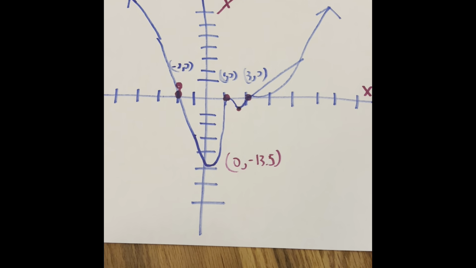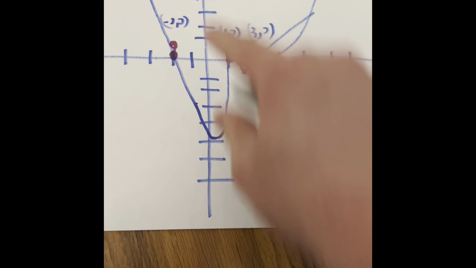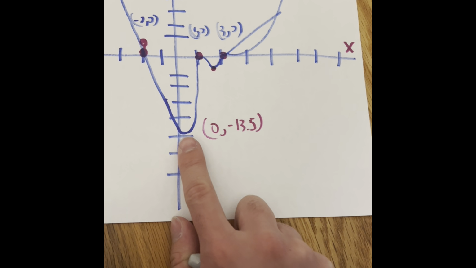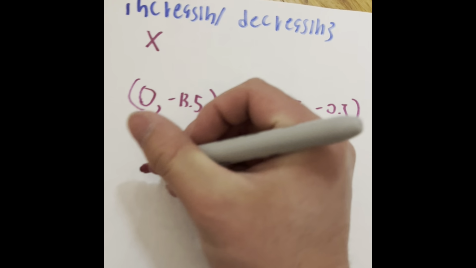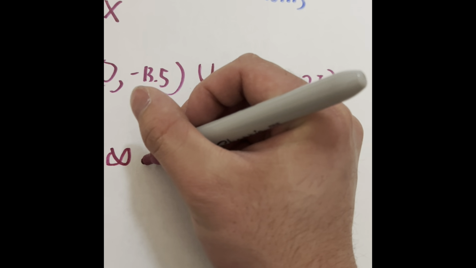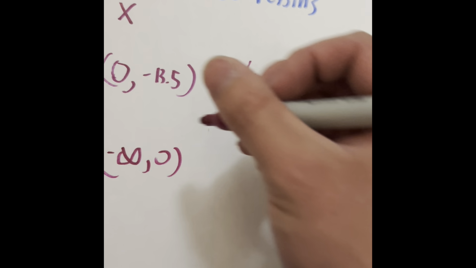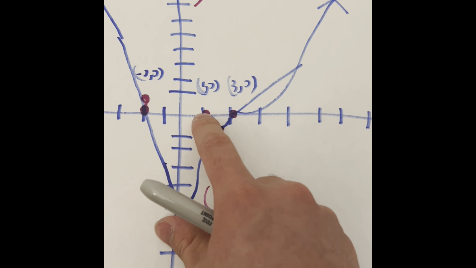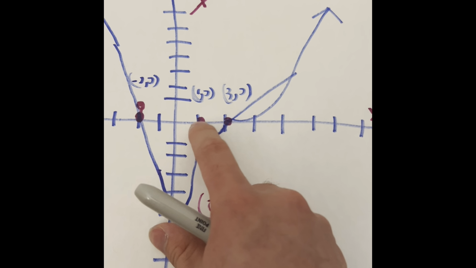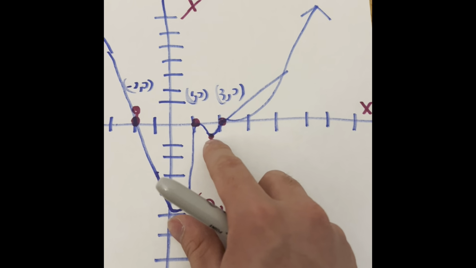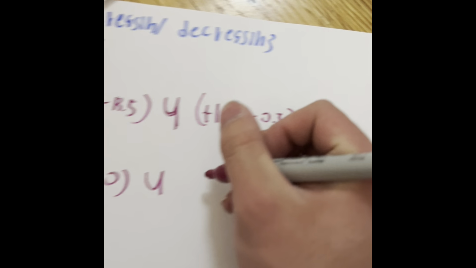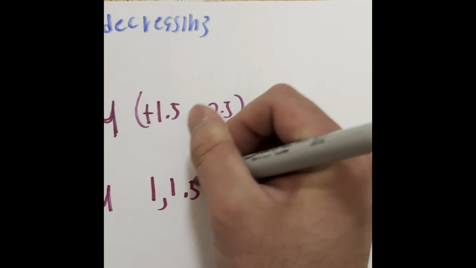What about decreasing? Well, it goes from all the way to the top to all the way to the bottom. So what's going to happen is we are going to say negative infinity to 0, and it's going to be union with 1 to 1.5.